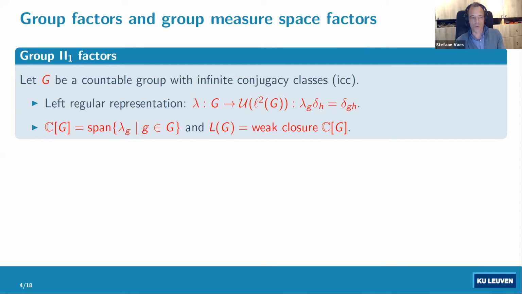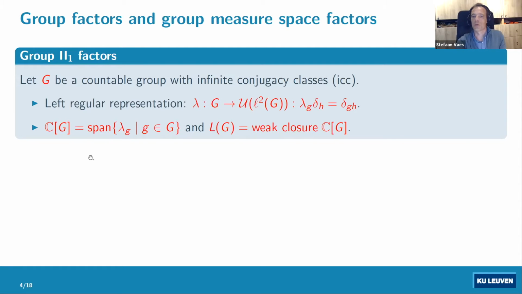So how do II_1 factors arise, for instance, from groups? When you take a countable group, and I will come to that condition in a minute, any countable discrete group, you have its left regular unitary representation. So you represent G on the Hilbert space little L2 of G by left translation operators. On the canonical orthonormal basis, this looks like this.